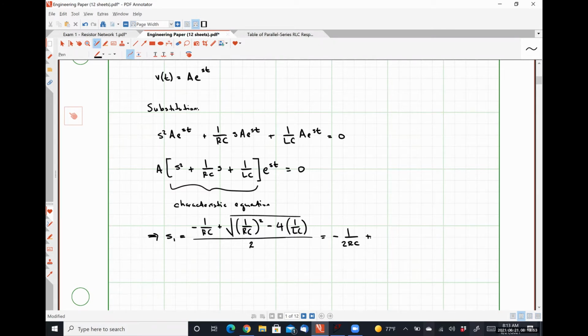plus the square root of 1 over twice RC quantity squared minus the square root of 1 over LC quantity squared.